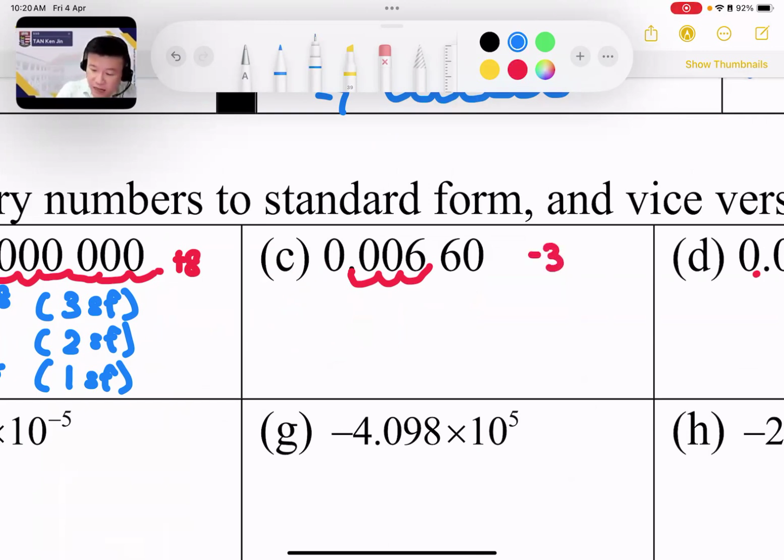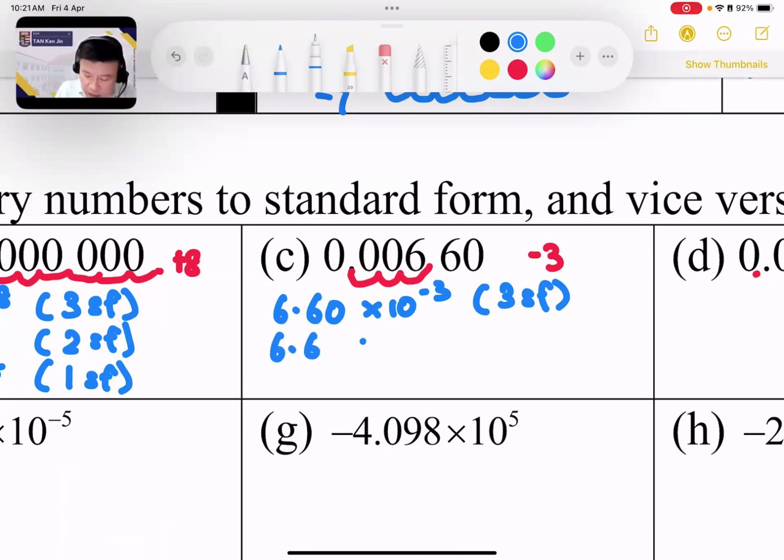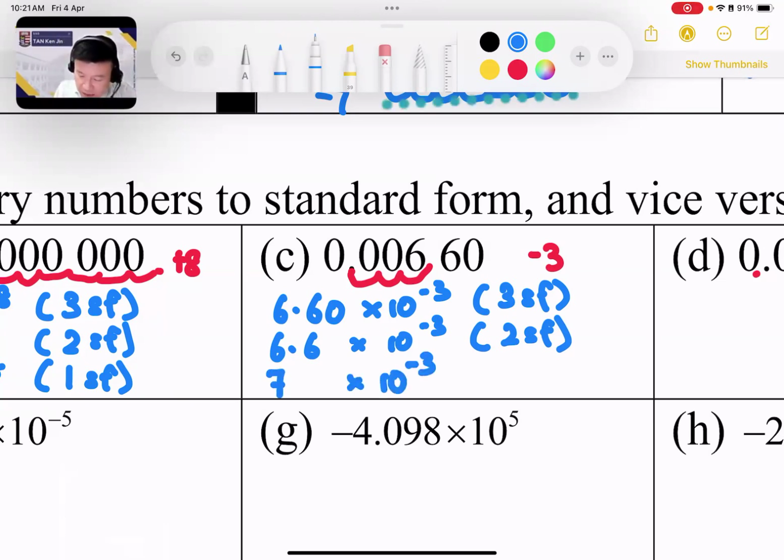So I'm going to get 6.60 times 10 to the power of -3. Again, this is just 3SF. If it's just 2SF, then it's 6.6 times 10 to the power of -3, 2SF. And if it's one significant figure, then it's just 7 times 10 to the power of -3, 1SF.